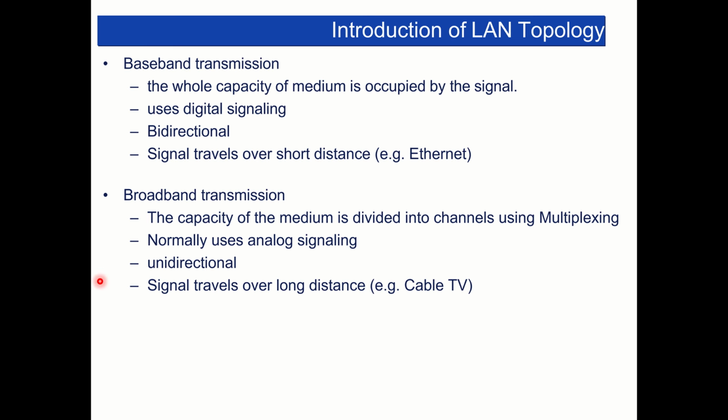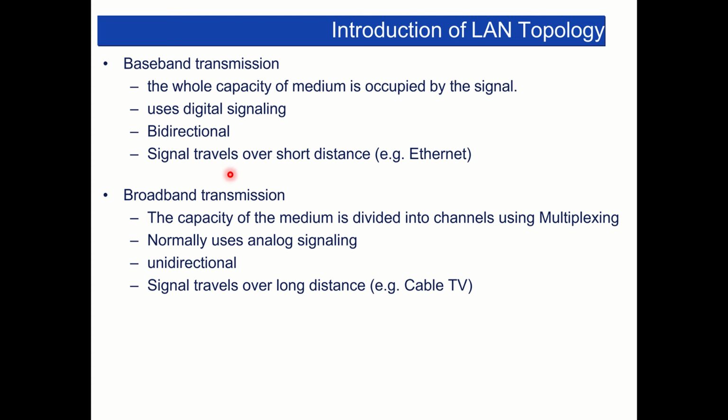Next, we need to understand about the baseband transmission. So the baseband transmission means that the whole capacity of medium is occupied by the signal. So it is usually used for digital signaling. For example, the Ethernet.